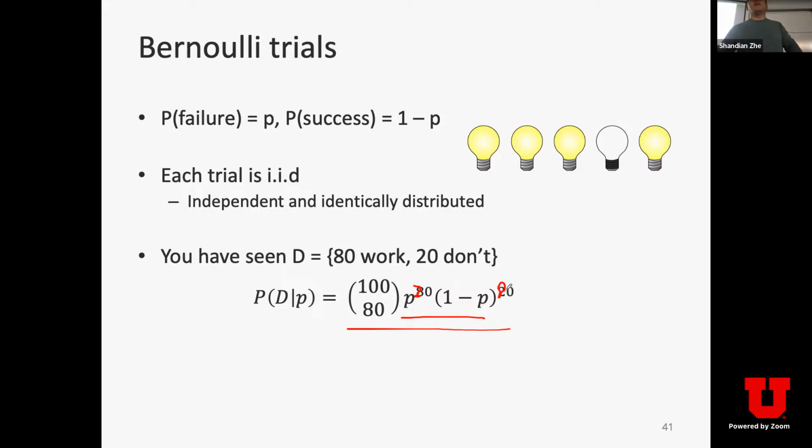This is the N-trial Bernoulli experiments likelihood. And then we use this model to model the likelihood of our observation, where we see 80 bulbs work and 20 don't. Any question? Everyone feels good?